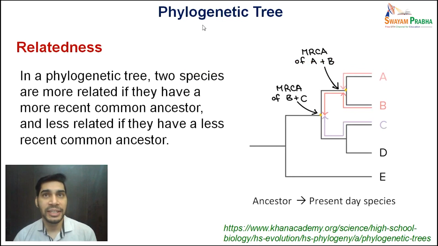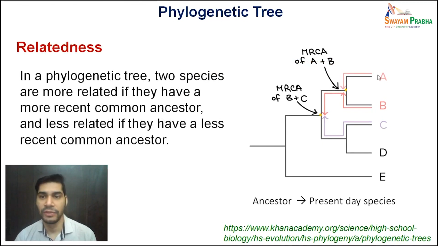The phylogenetic trees show the relatedness. Now what do we mean by relatedness? Let's see here in this tree. In the phylogenetic trees, if two species are more related, they will have a more recent common ancestor. Or in other words, if two species are more related, they have a more recent common ancestor, and less related if they have a less recent common ancestor.